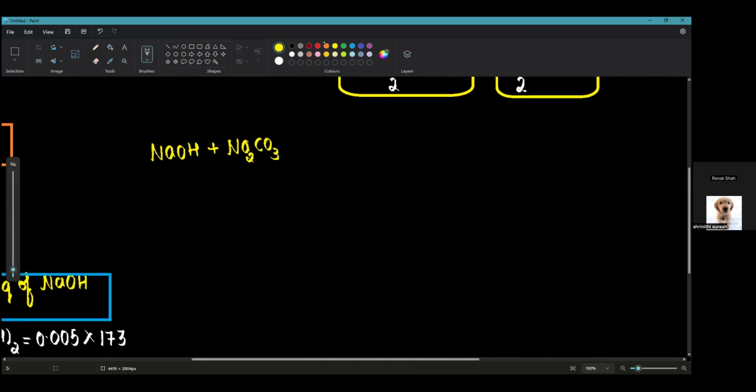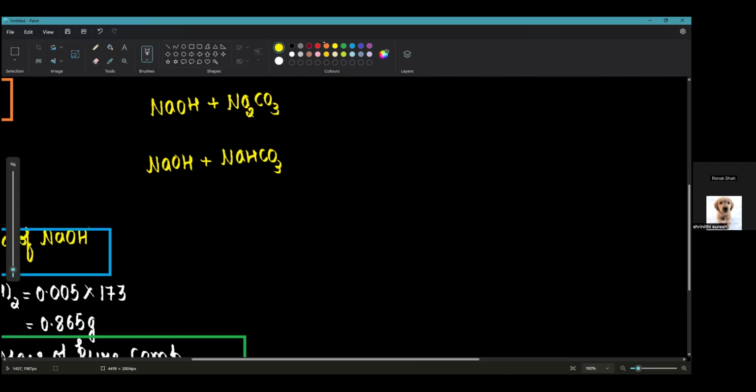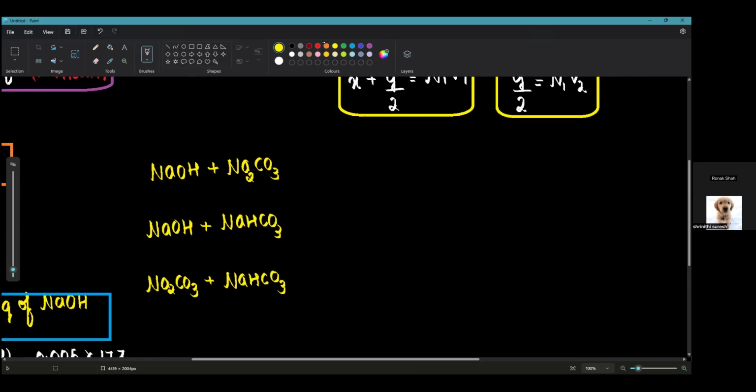The second mixture that can be asked is NaOH and NaHCO3, and the third is Na2CO3 and NaHCO3. Got it?